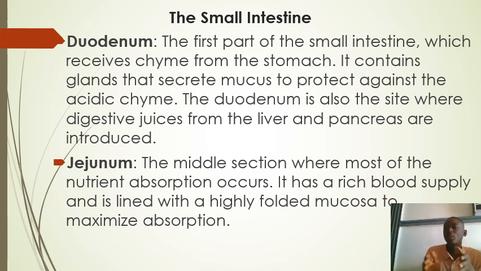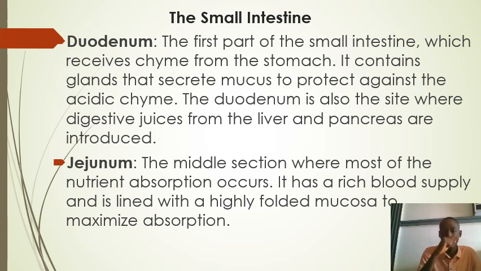It secretes a substance called bile. The bile is stored in the gallbladder, then passes into the small intestine. The pancreas too has its own primary function, but it contributes to the digestive process. So the duodenum is the site where digestive juices from the liver and the pancreas enter the small intestine to contribute to the digestive process.